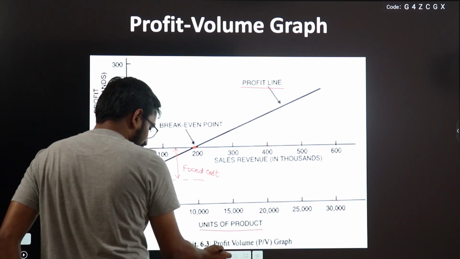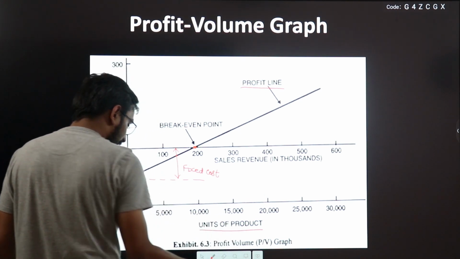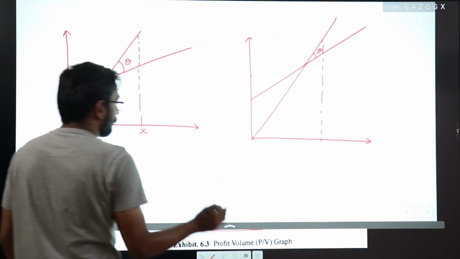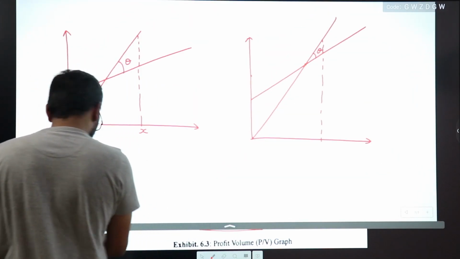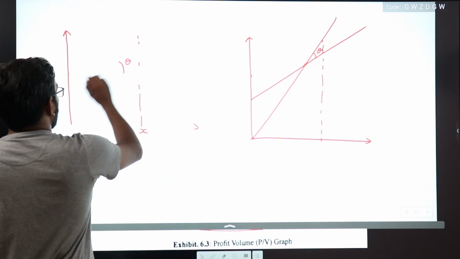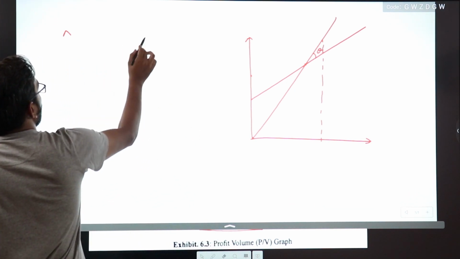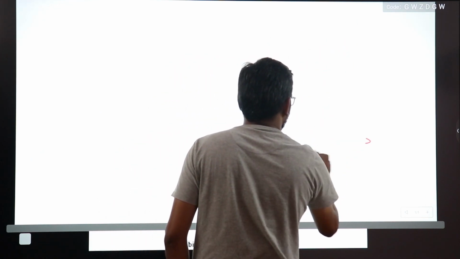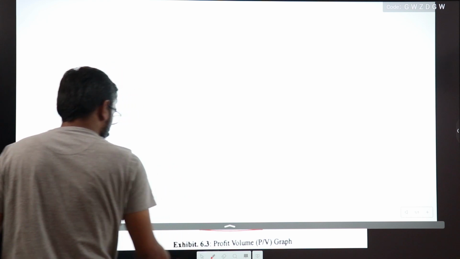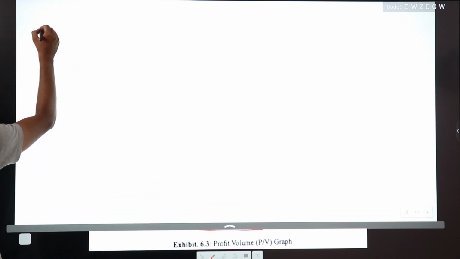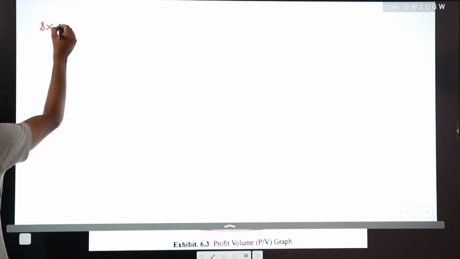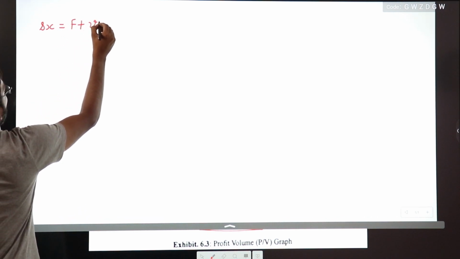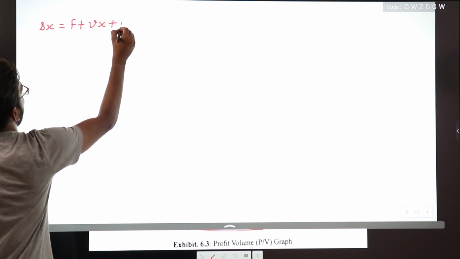Let us discuss this. We know this equation: the total selling price will be equal to fixed cost plus variable cost plus profit.